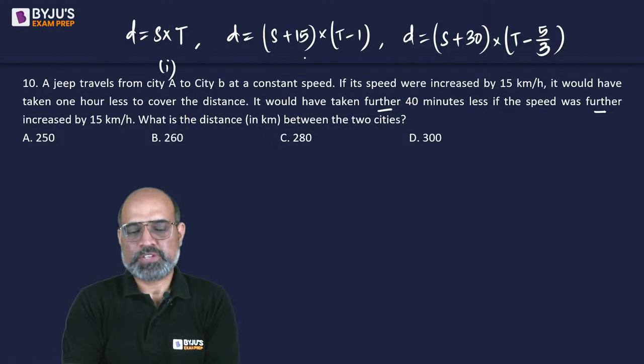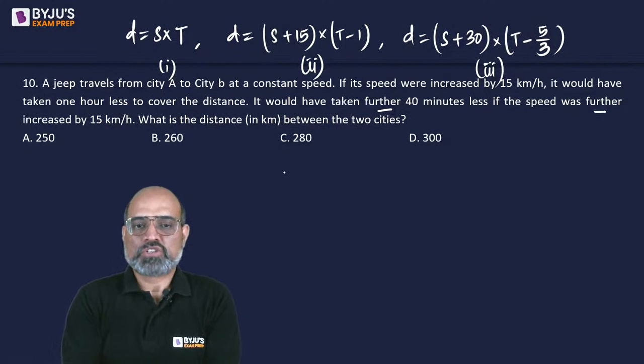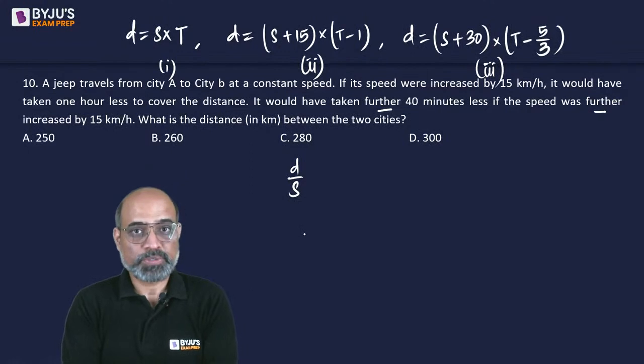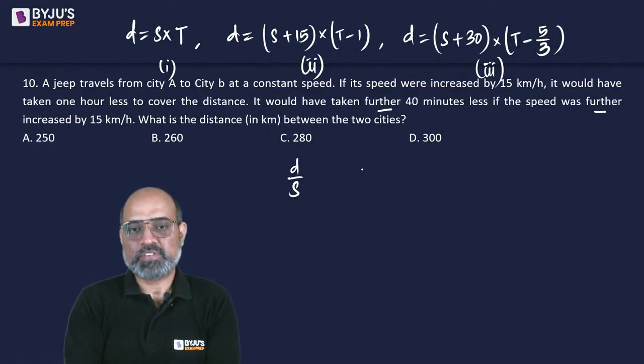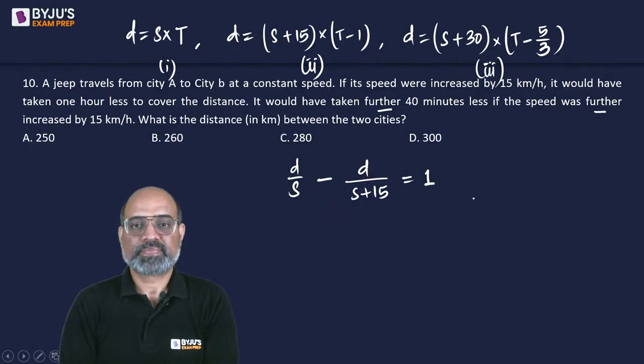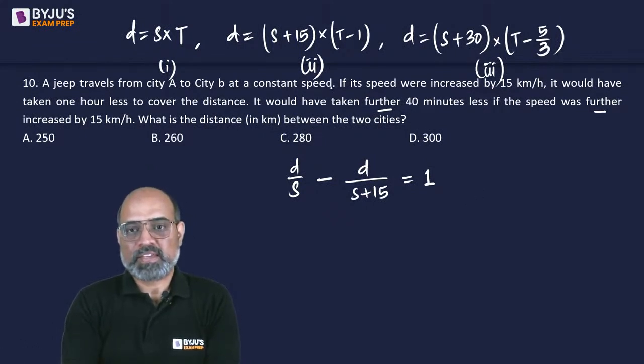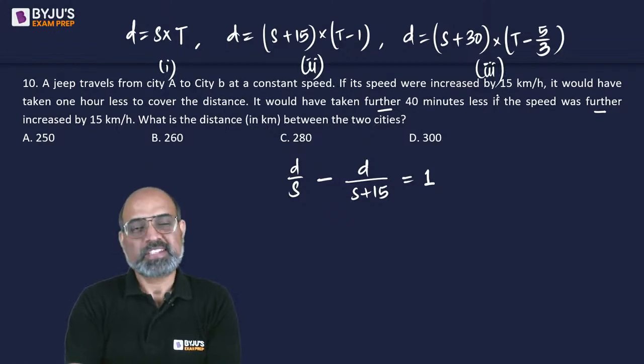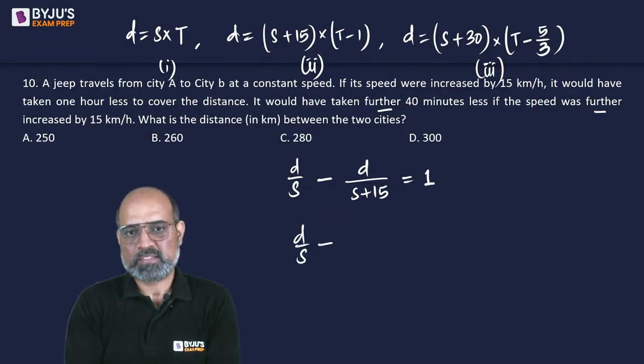Let's call this first equation, let's call this second equation, and let's call this third equation, right? So the first equation can be rearranged and written as d by s, that is equal to t. From the second one, we can write d by s plus 15. This is going to be t minus 1, right? So when we subtract, we are going to get 1. Okay? Now, if you look at the first and third, so we will have d by s and then d by s plus 30.